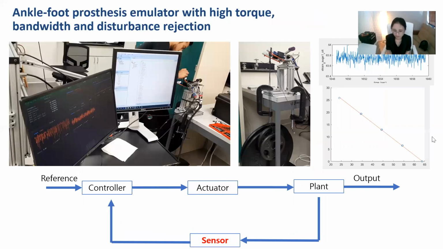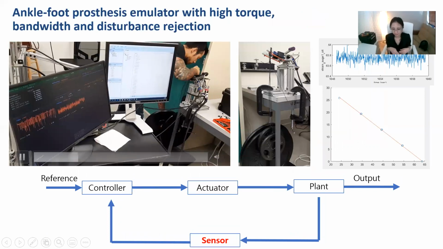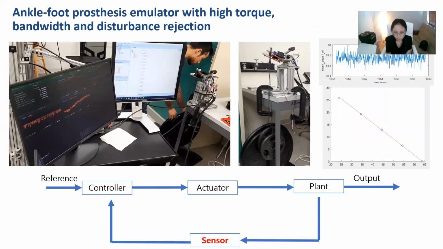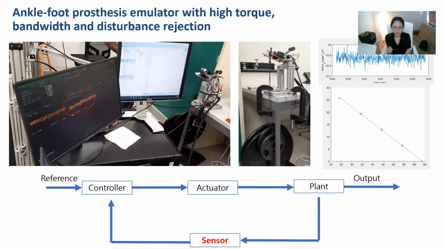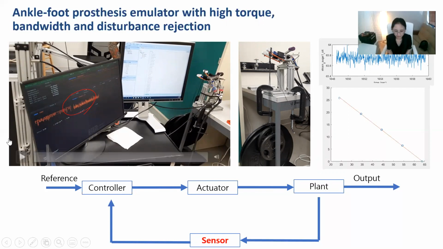So this is a sensor example. So actually we also made a sensor. The sensor measures torque. So you can see over here. So when he adds more mass, this reading gets higher.